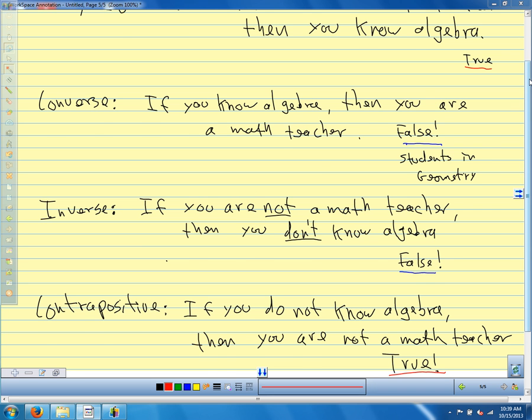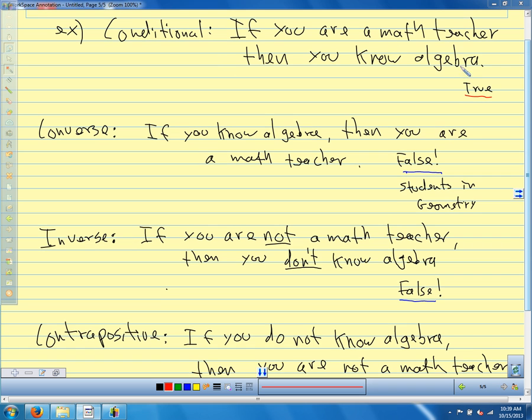And notice that if the conditional is true, the converse is not necessarily true. Here's our conditional, we know that's true. The converse is not true. Sometimes it turns out that the converse is true, and that gives us a special situation that we'll talk about on Thursday. But generally, the conditional and the converse are not both true at the same time. They don't necessarily have to be true at the same time.